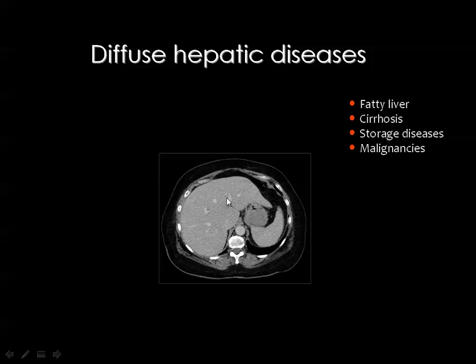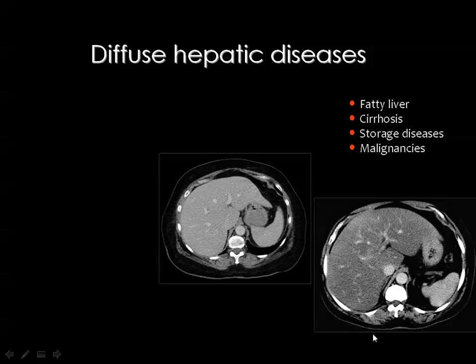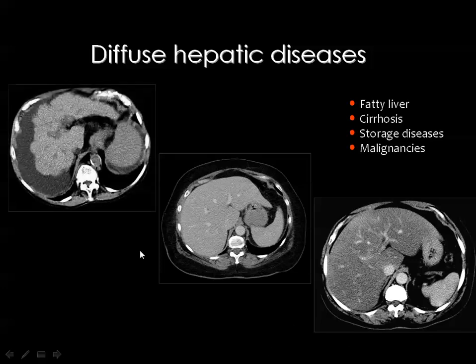As I have said, the density of the liver is almost similar to that of the spleen. If you have a scan and you see the liver is relatively black compared to the density of the spleen, then you know that this is fatty liver. And if you look here and you see the liver is shrunken with lobulated outline, and you see ascites, and the spleen is usually enlarged, then this is cirrhosis.